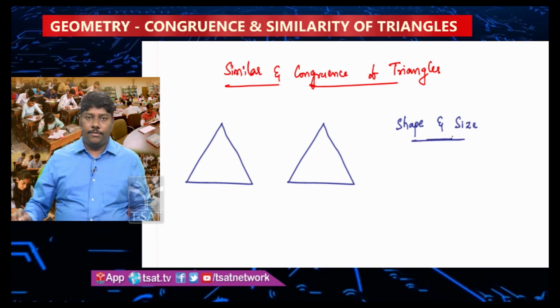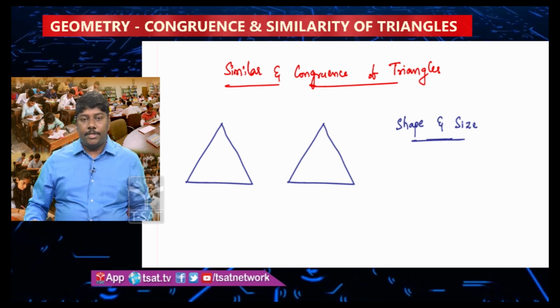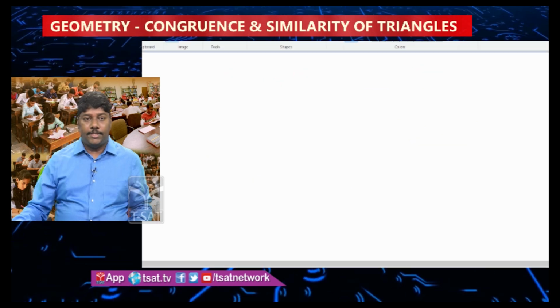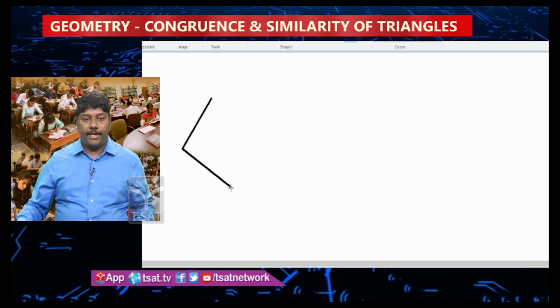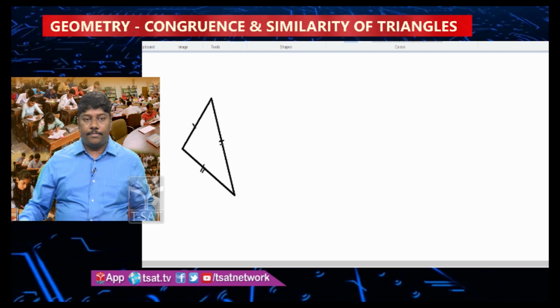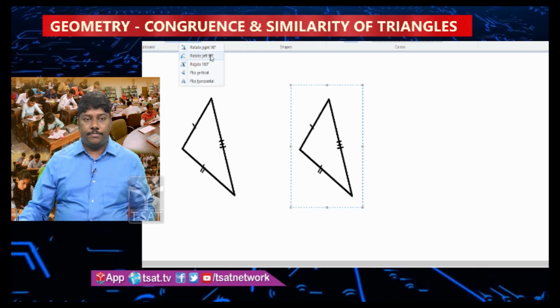It can be any figure. Not only triangles, if you take any two figures, and they are equal in shape and size, then you say that they are congruent. Just take a triangle with side 1, side 2, side 3. I'm just tilting or rotating this triangle.